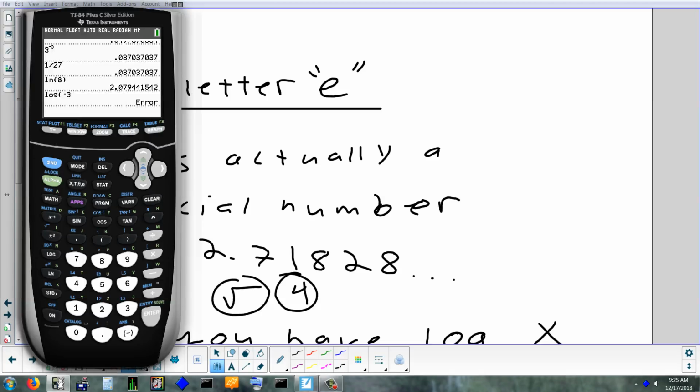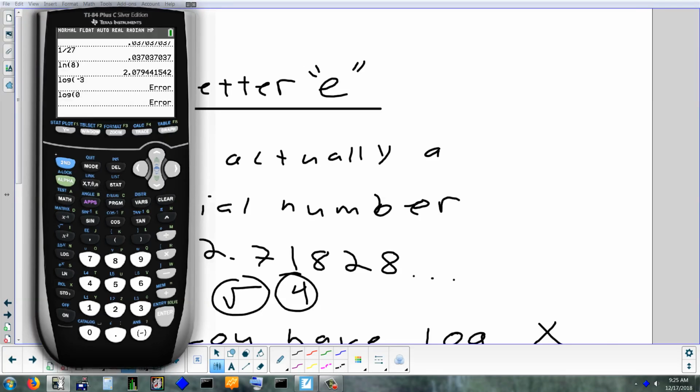So we're not dealing with imaginaries. So can't do negatives, and you can't do 0. But notice, when I took the log of 0, is that the same error? No. So I can't do the log of 0 either. But that's a different reason. All right? So you just have to kind of remember in your head, you cannot take the log of zeros or negatives.